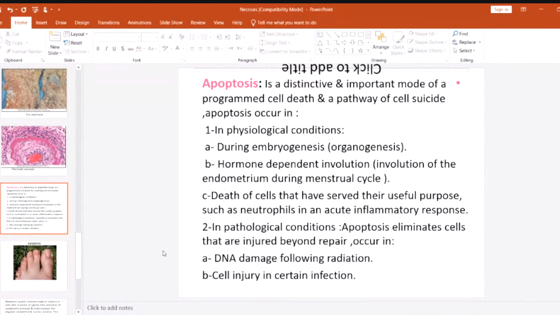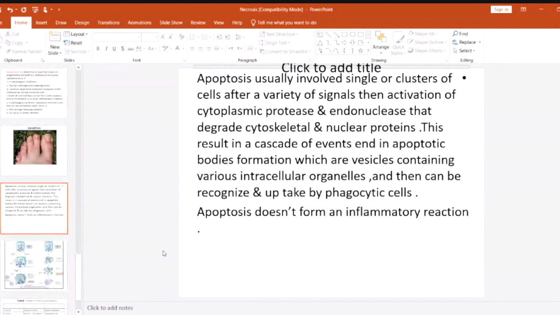Okay. So in apoptosis, the enzymes protease and endonuclease will break down or degrade the cytoskeletal and nuclear proteins, and it will end in apoptotic bodies within a vesicle, and then the inflammatory cells will phagocytose them. Usually apoptosis is not associated with an inflammatory reaction.